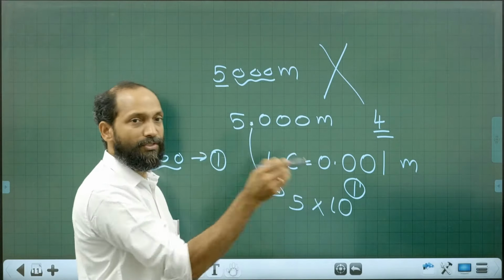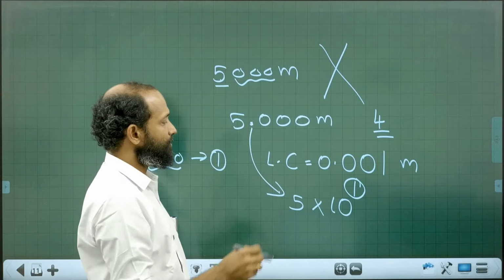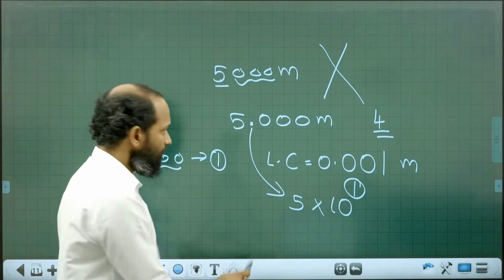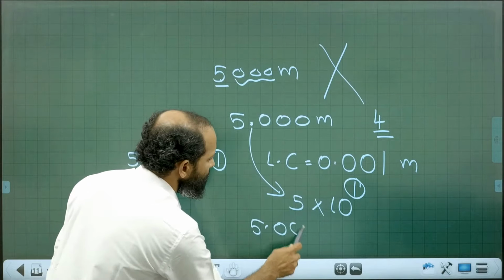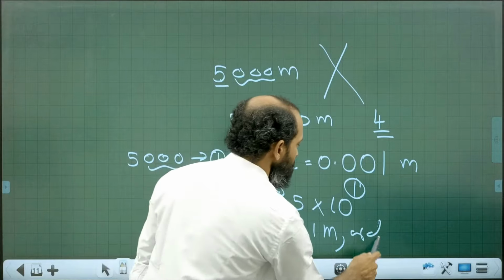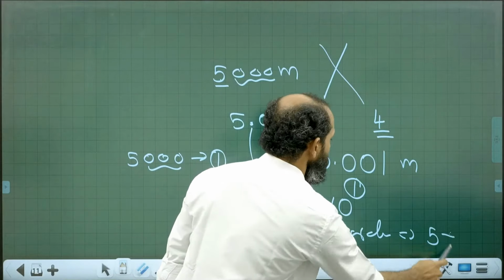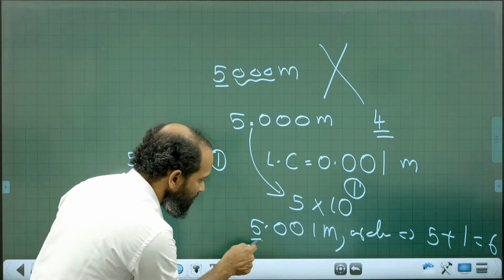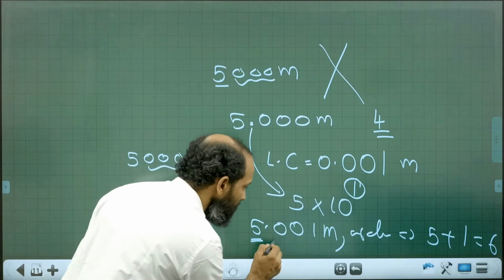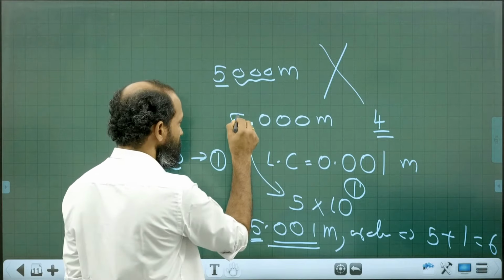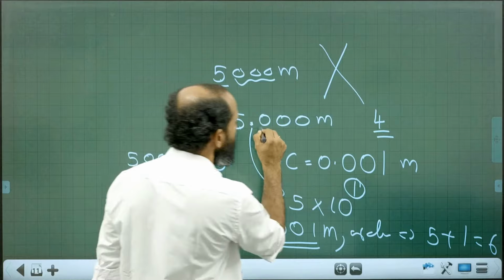5.000, all zeros followed by all zeros. What is the order? 1. But if it was 5.001 meter, what is the order? Order is equal to 5 plus 1, that is equal to 6, because the most significant digit is 5 followed by not all zeros. But here the most significant digit is 5 followed by all zeros.